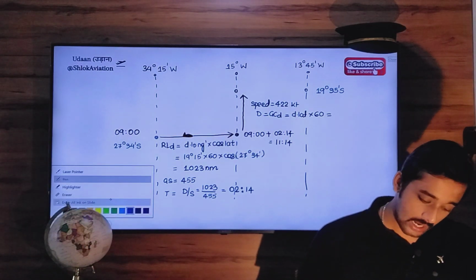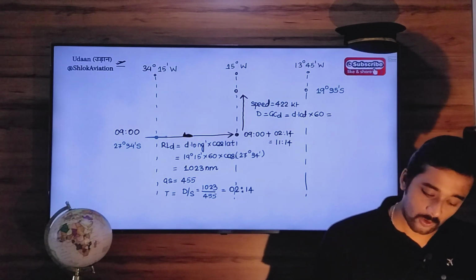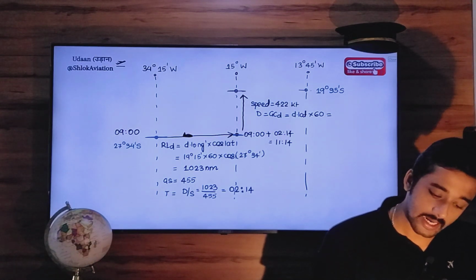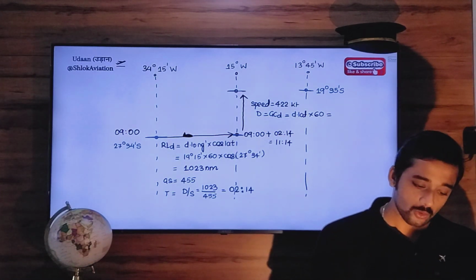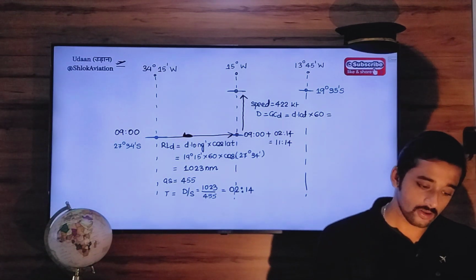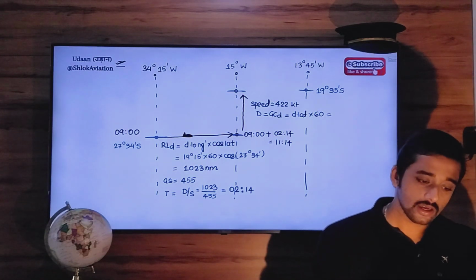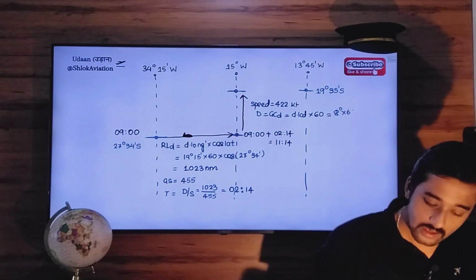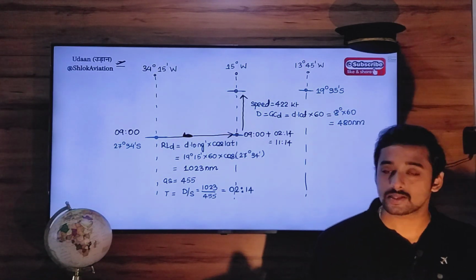The two latitudes are 27 degrees 34 minutes south and 19 degrees 35 minutes south. The difference is 7 degrees 59 minutes, or approximately 8 degrees, which is equal to 480 nautical miles.